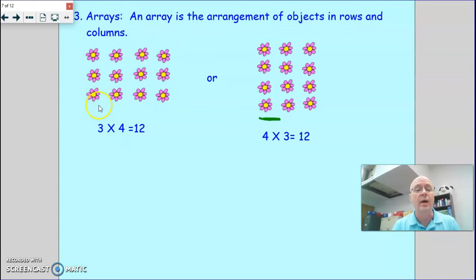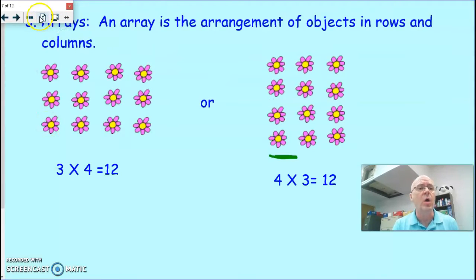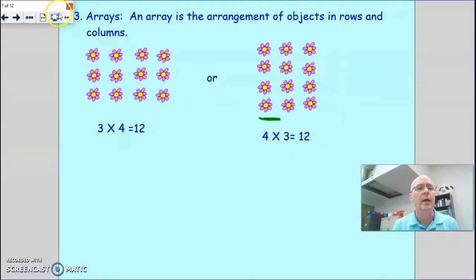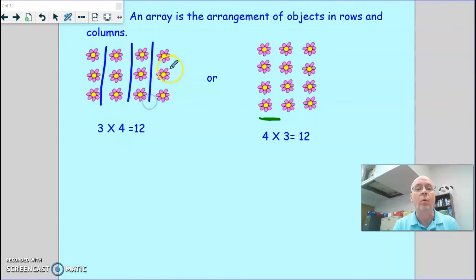Or if you think of it this way, can I write on this? Let me see here. I think I can. Let's do this. Here. So I've got 1, 2, 3. I've got 1, 2, 3, 4 sets of 3, right? 3, 4 times.